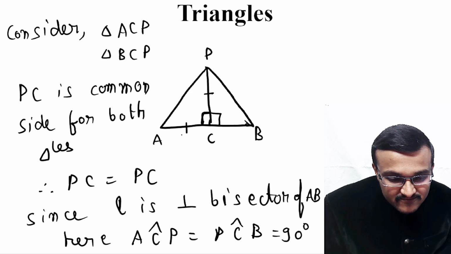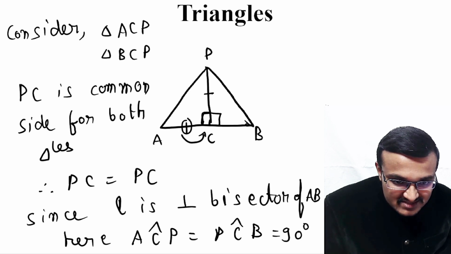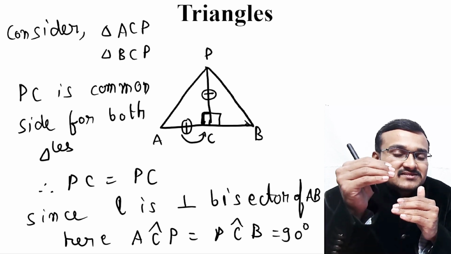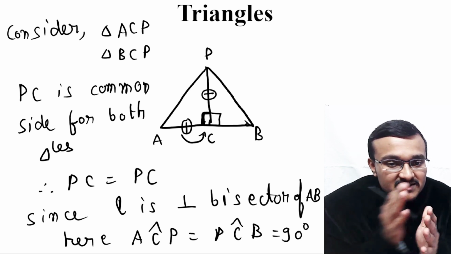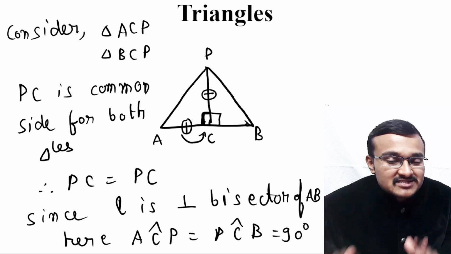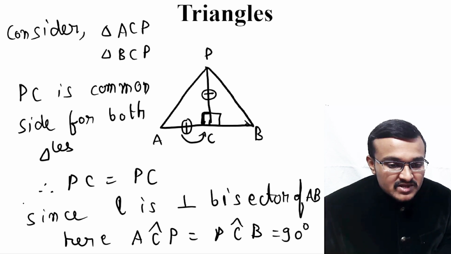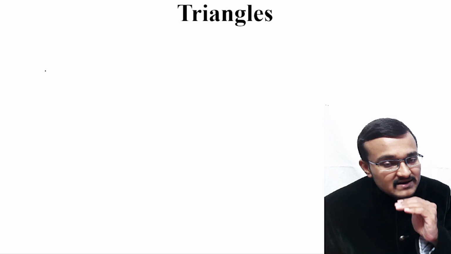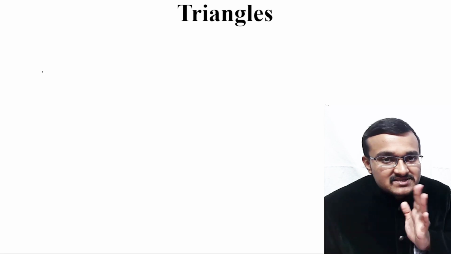Here you can see we are going anti-clockwise like this. So the SAS congruence rule we are applying here in order to prove these two triangles are congruent with each other. Now we have got PC as common line and we have got two angles equal to each other.